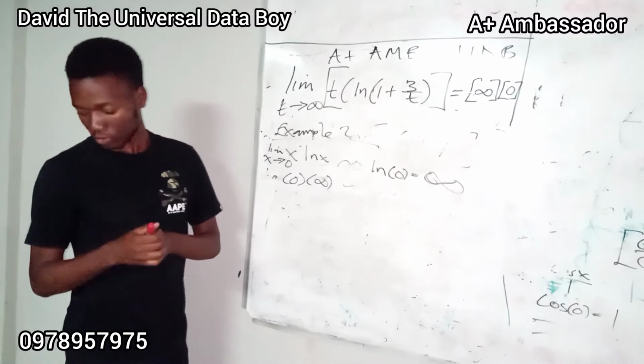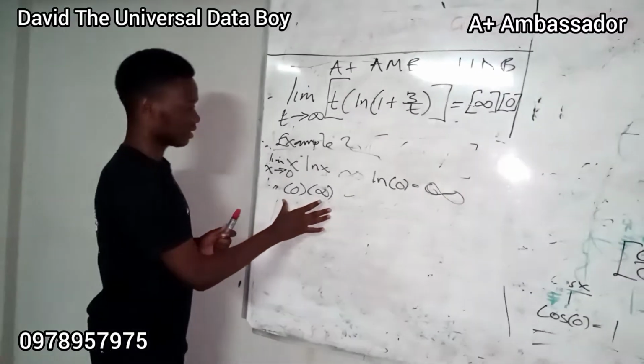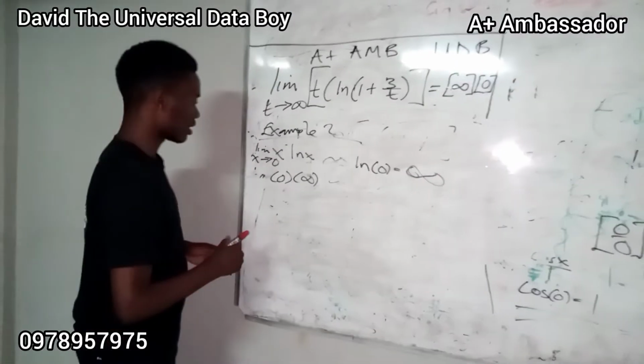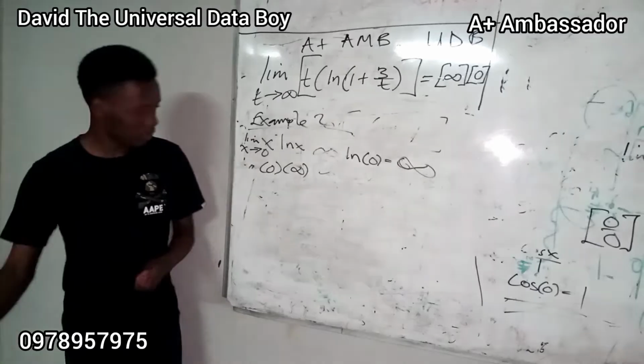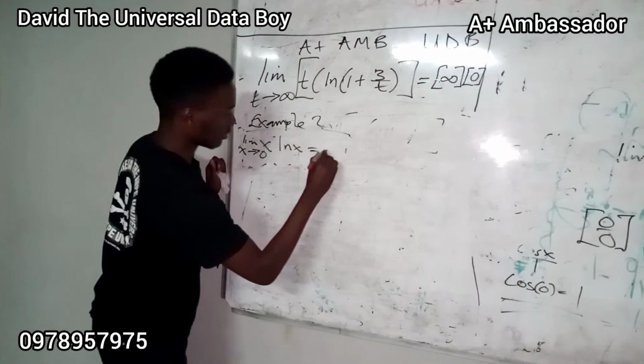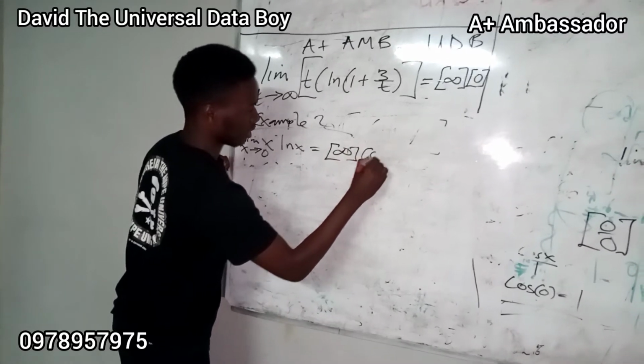So we are going to try now to change this function into a form that it can be evaluated. So this is equal to infinity and 0.